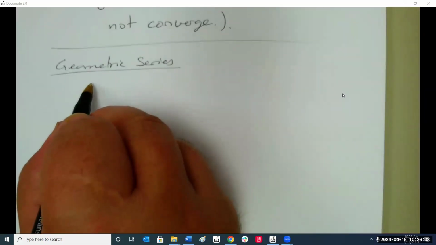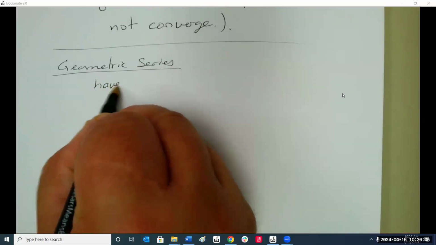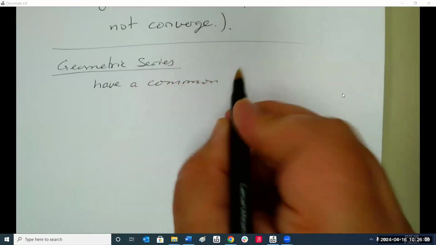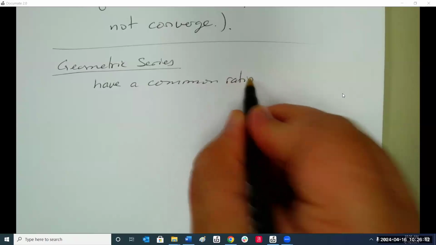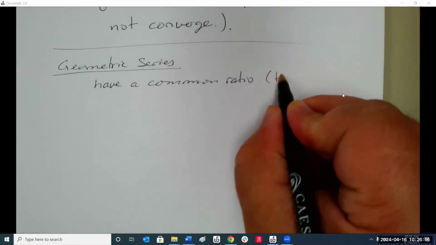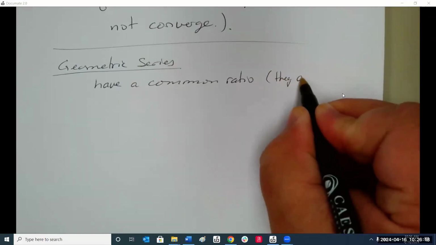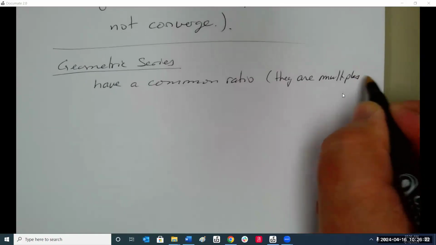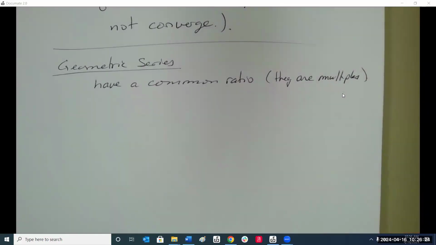Geometric series have a common ratio, meaning they are multiples of each other.